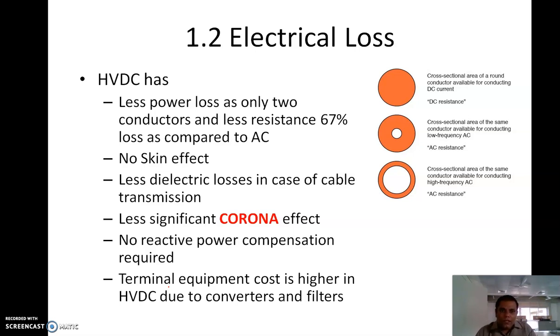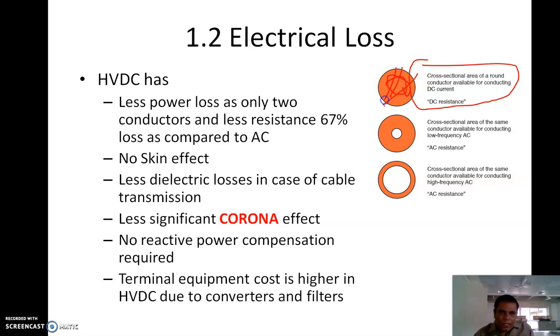There is no skin effect. What is skin effect? In AC systems, the cross sectional area of the conductor is artificially reduced because the current tends to flow on the outer periphery, and it is not flowing through the entire cross sectional area, right? The cross sectional area of a round conductor available for conducting DC current is the entire cross sectional area.